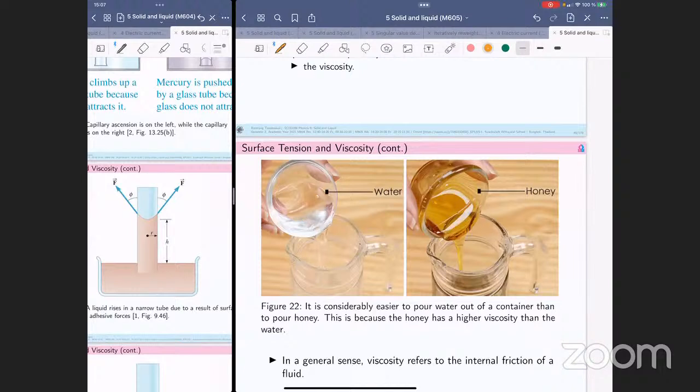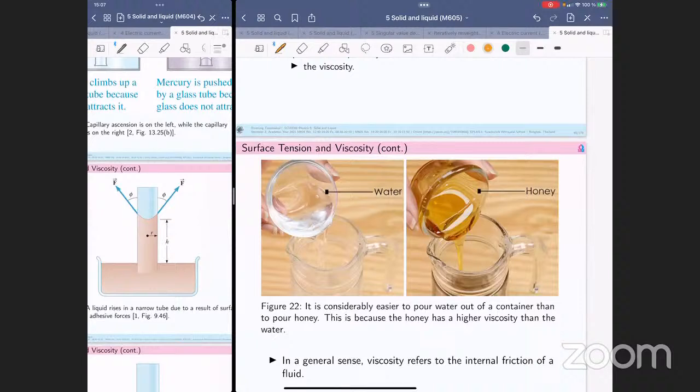But for the honey case, the honey can get into the jar, but you have to wait a little bit to let the honey completely flow into the jar, right? And with this experiment, it means that the honey has more viscosity than the water, right?